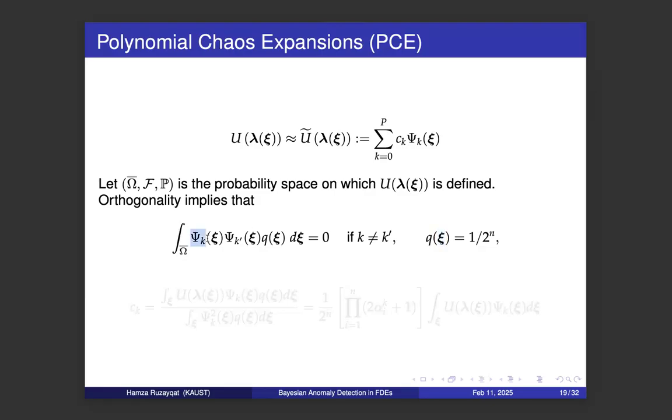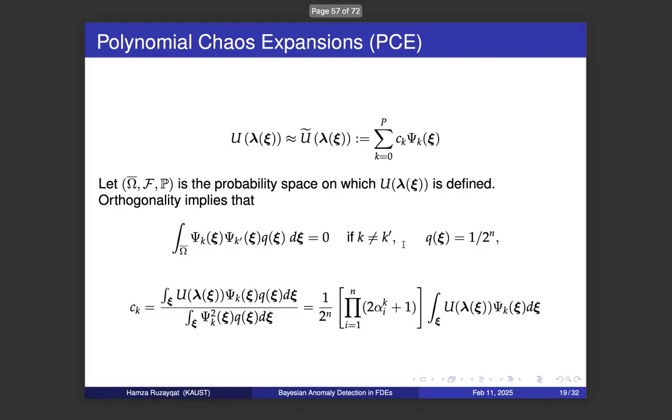That means when you take the product of psi_k with psi_k prime, it will be 0 unless k equals k prime. And therefore, you can evaluate c_k by multiplying by psi_k prime here and taking the integral of both sides. And c_k will be equal to the right-hand side here.